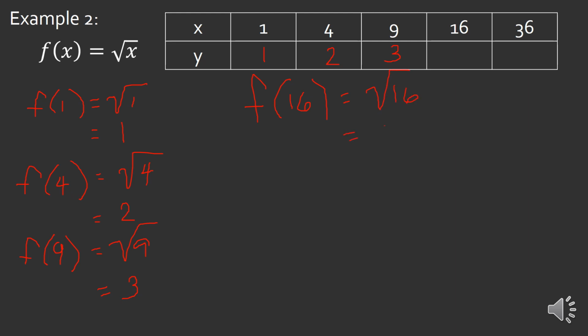And square root of 16 is equal to 4. And last, we have x equals 36. F of 36 is equal to square root of 36. And square root of 36 is equal to 6. So if x is 36, y is 6.